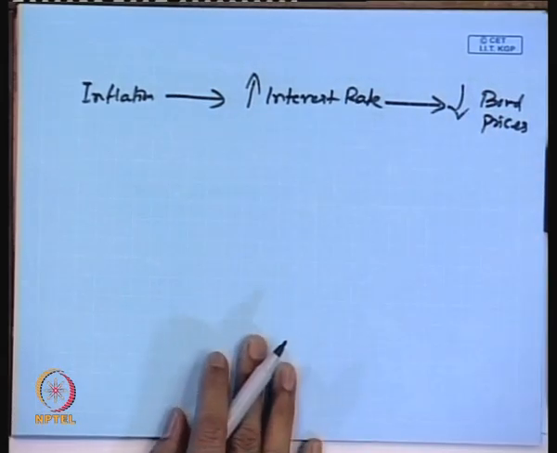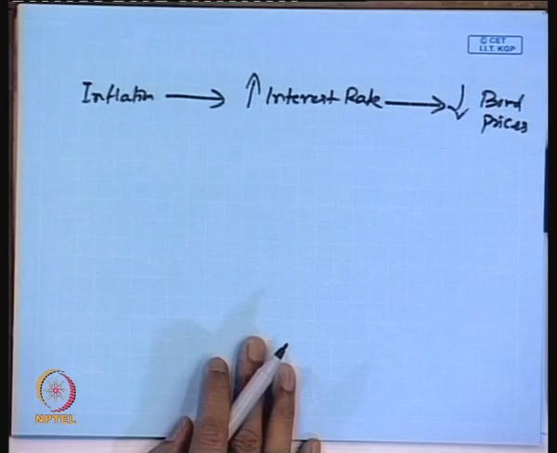The higher the interest rate, the lower the bond price, and the lower the interest rate, the higher the bond price. Yield and price are inversely related. So, if the interest rate goes up because of inflation or for whatever reason, then the bond price is going to be less.